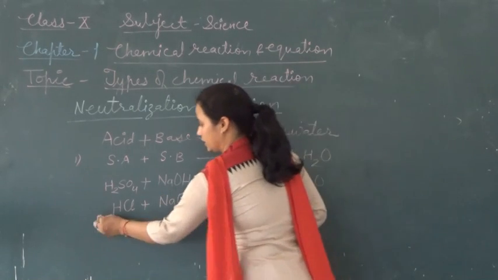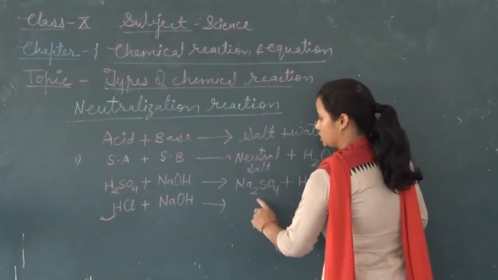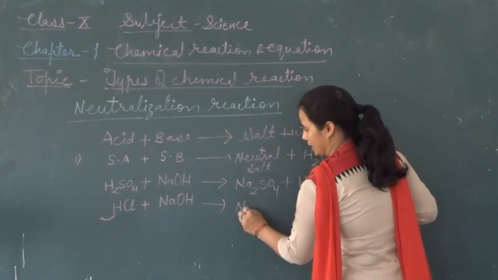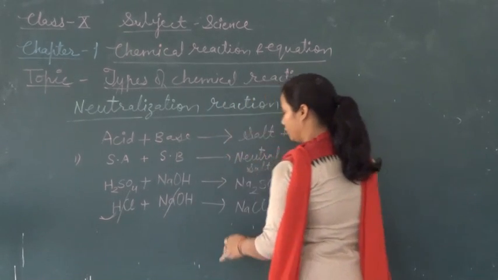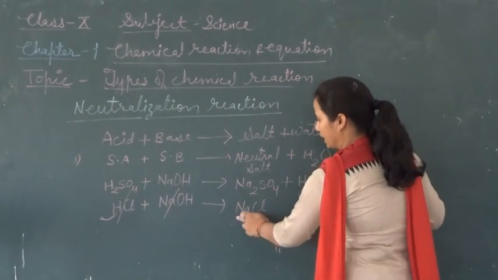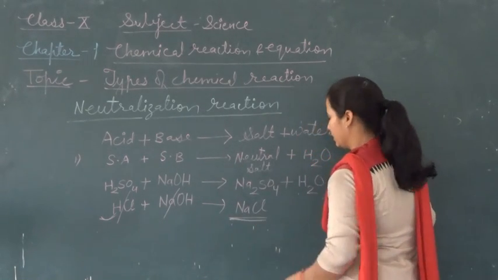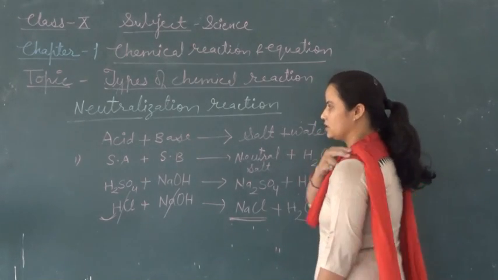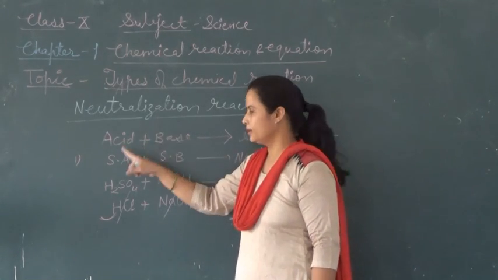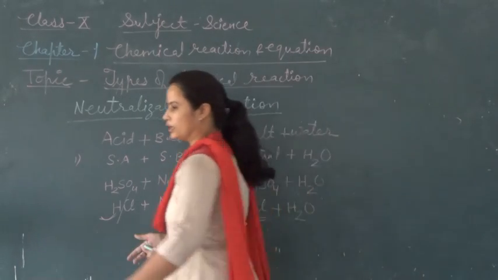Generally we say that HCl is a strong acid. HCl plus NaOH will give, old bonds break and new bonds are formed. That's why it forms NaCl. NaCl is a salt, neutral in nature, and it forms H2O. So the first type of neutralization reaction, strong acid and strong base, forms a neutral salt and water.